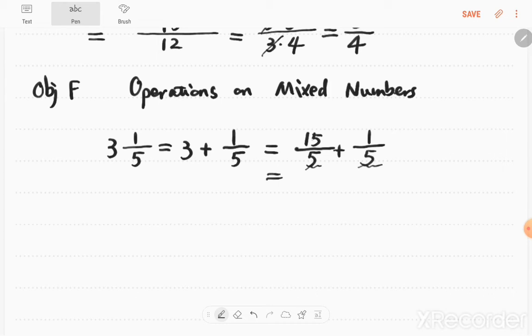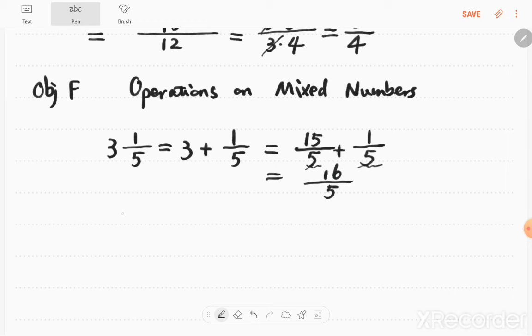So we switch 3 into 15 over 5. Now we can do the addition. We keep common denominator 5 and do the addition with numerator 15 plus 1. So we get 16 over 5.